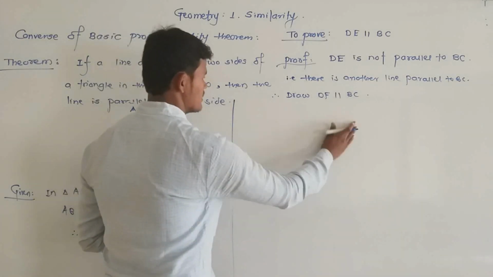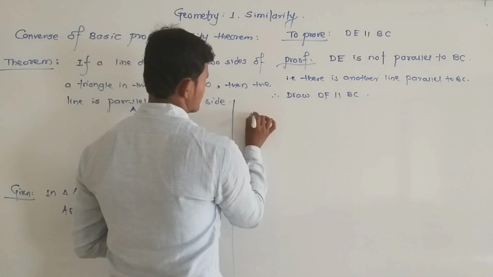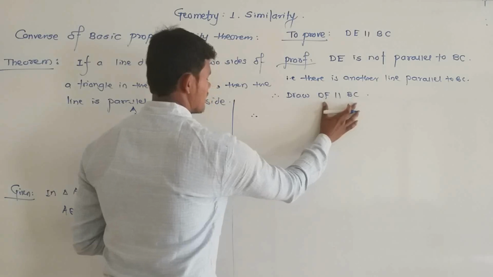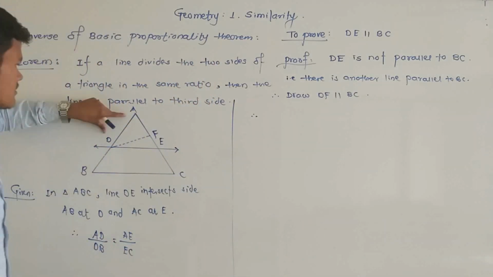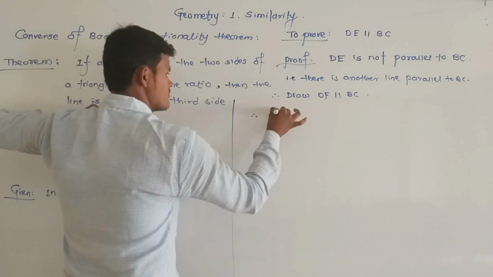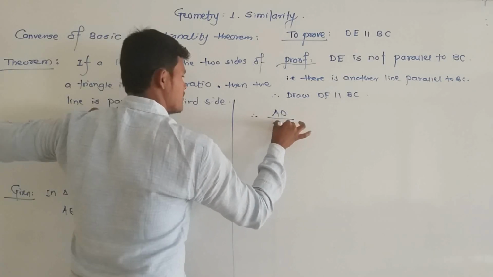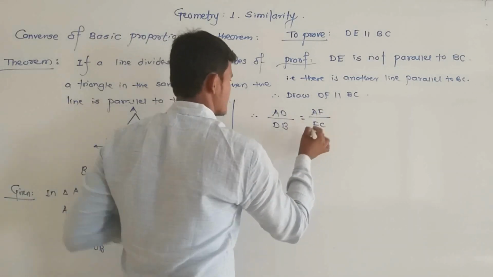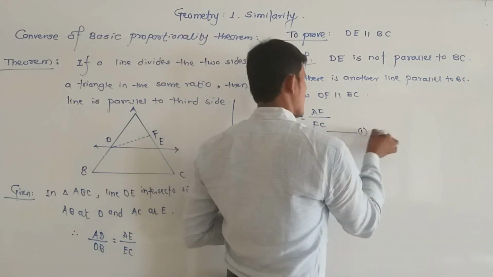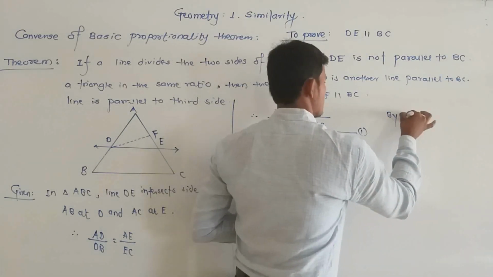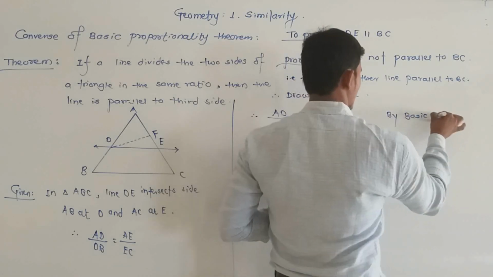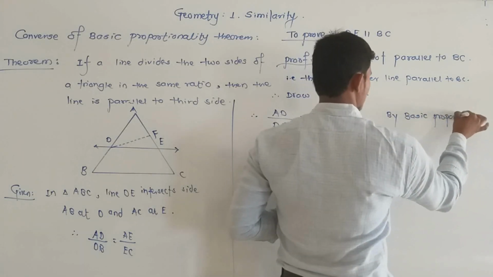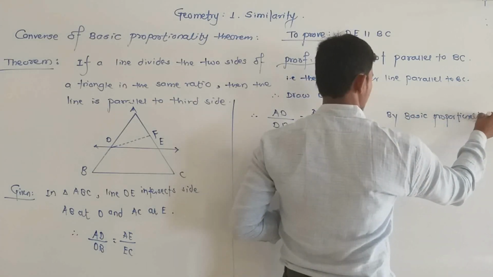That means we are using the application of the basic proportionality theorem. DF is parallel to BC, so we get the ratio AD upon DB is equal to AF upon FC. Equation number one, by the basic proportionality theorem.